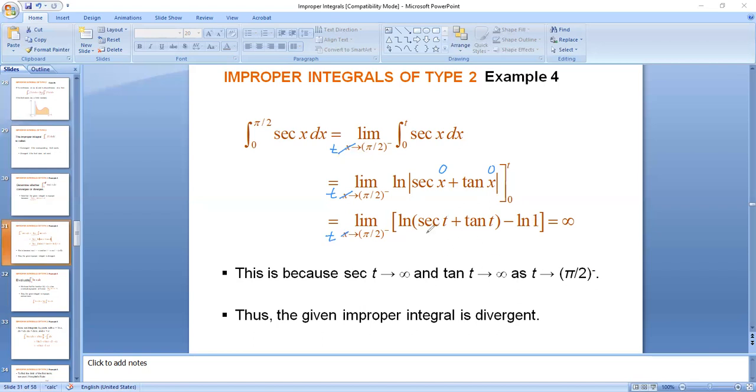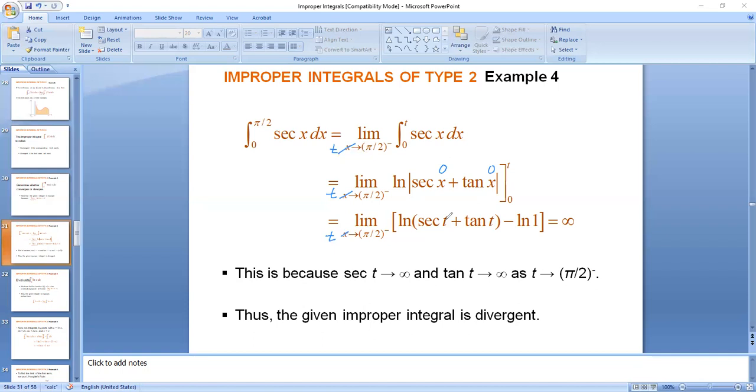Now, after you have evaluated the integral, what happens is the same as type 1. Evaluate the integral, substitute the limit. This is what happens if you substitute the limits. But it does not end there. After substituting the limits of integration, you will evaluate the limit of the new variable that you have placed here in lieu of pi over 2, as t approaches pi over 2, as you approach this 90 degrees.